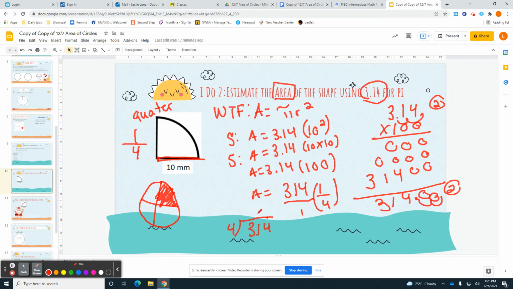4 goes into 31 7 times, and that gives you 28. You have 3 left over. Bring down your 4. 4 goes into 34 8 times, and that gives you 32.